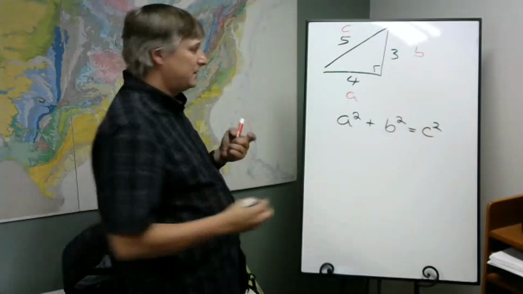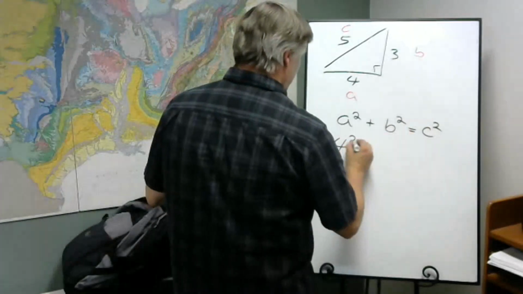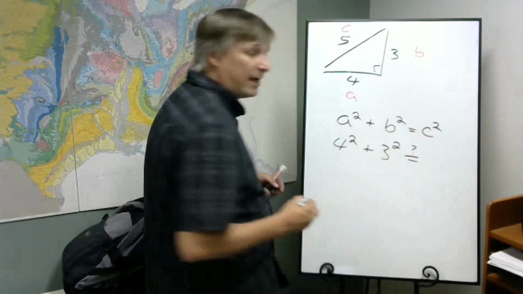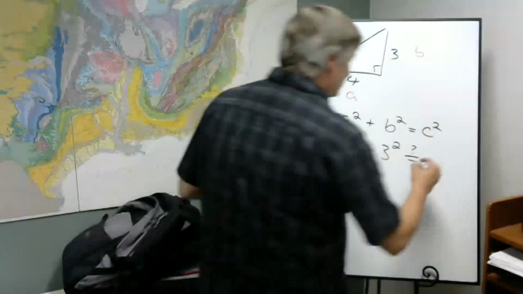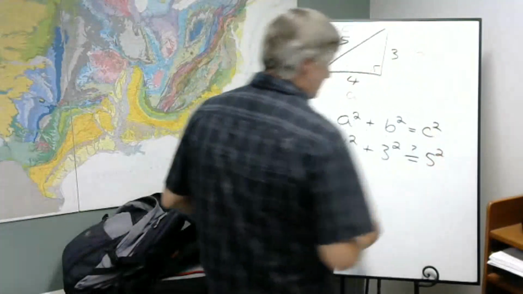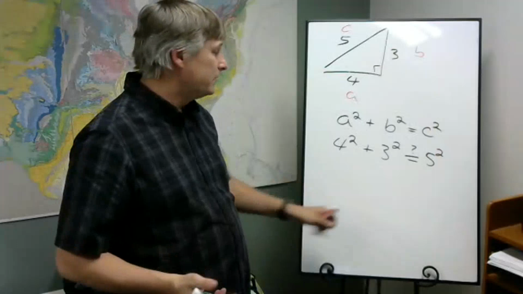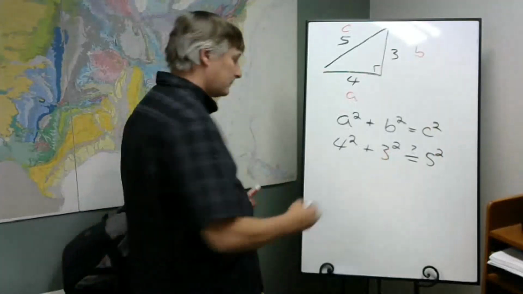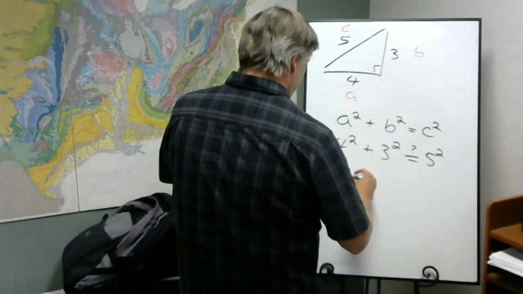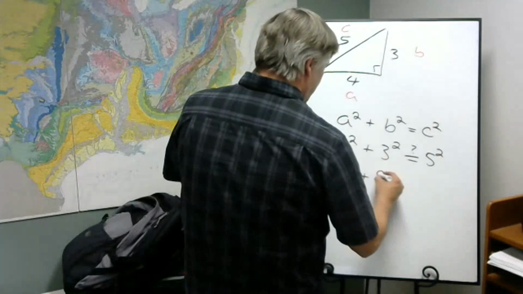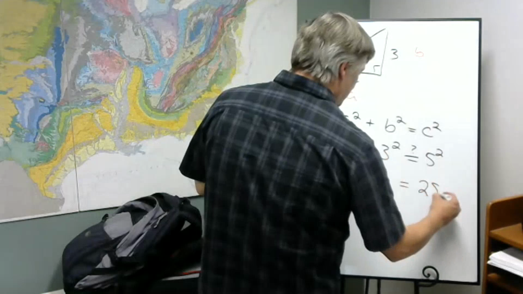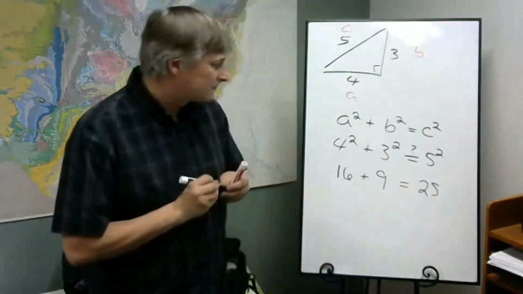Well, that means that 4 squared plus 3 squared, well, that better equal 5 squared. If this Pythagorean theorem is true, this better be what happens. Let's see. Well, 4 squared is 16. 3 squared is 9. 5 squared is 25.